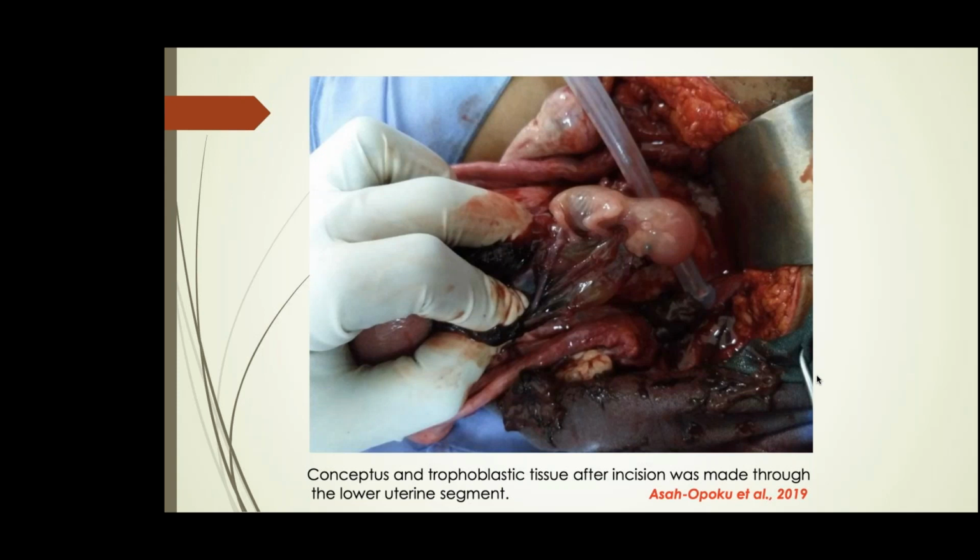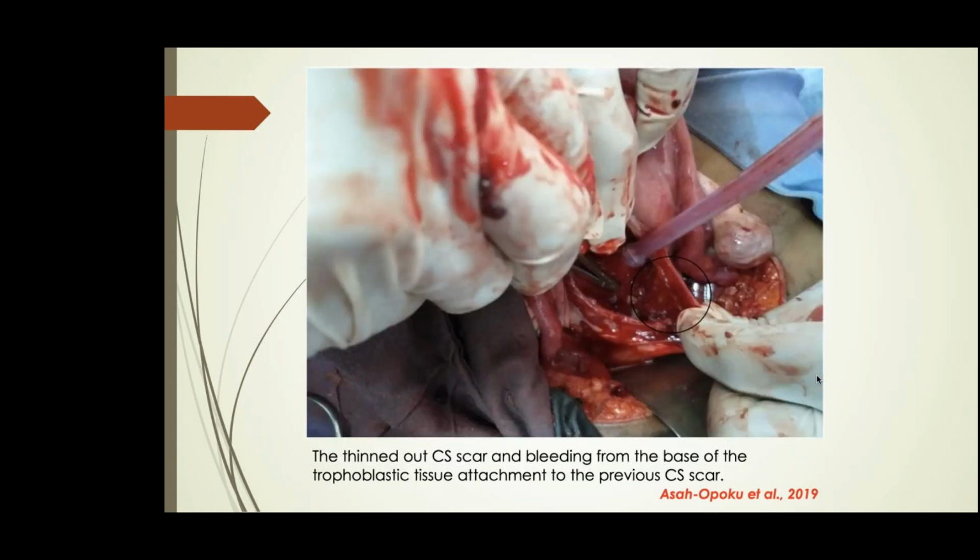So it is not that much different from placenta previa, I would say, especially if it is of the exogenic type and the vasculature around the lower uterine segment and the bladder is very high. So you can see the fetus is being removed together with the trophoblastic tissue from the lower uterine segment.